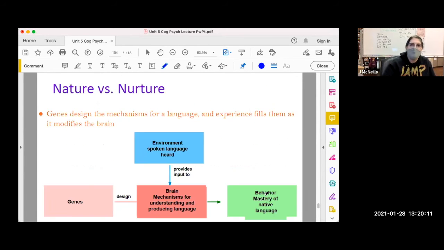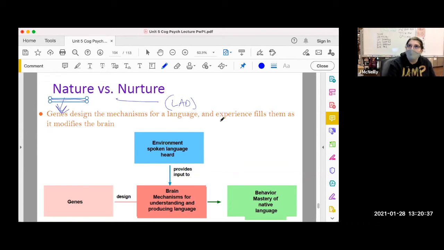Okay. So the ultimate question in psychology, the original chicken and the egg, is nature versus nurture. What influences us the most? Well, the answer is both together. We have nature in the form of our genes designed the mechanisms for language, that whole LAD, our ability to comprehend language.